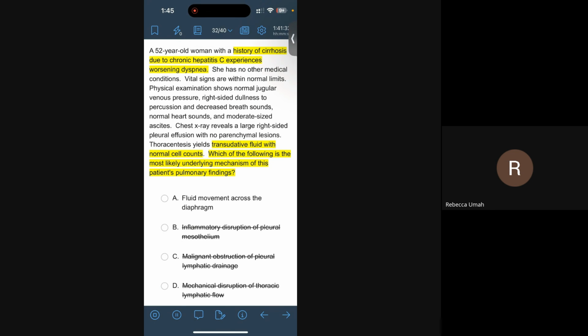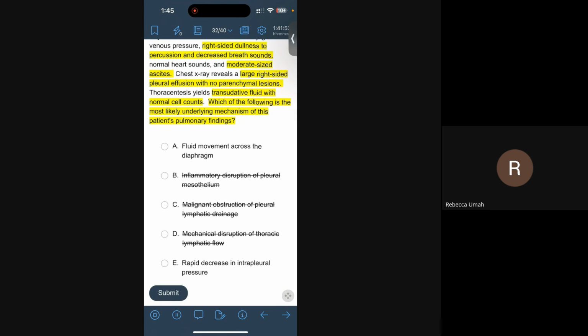Normal jugular venous pressure, right-sided dullness to percussion, decreased breath sounds, normal heart sounds, moderate ascites, and a large right-sided pleural effusion with no parenchymal lesions.